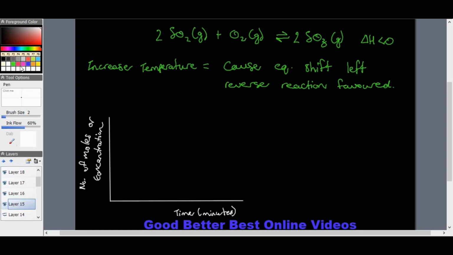So I'm going to use some color here. So let's say for oxygen, it reacts, then it phases out there, and then it does some type of lift, then it phases out there. This is the concentration of oxygen over time. Let's use another color for SO2.